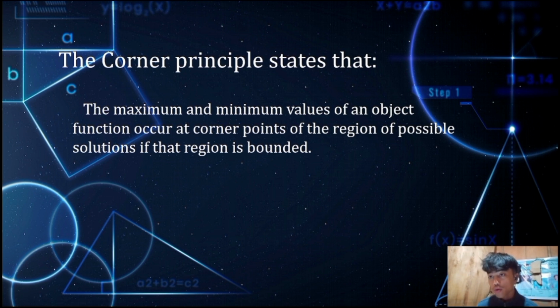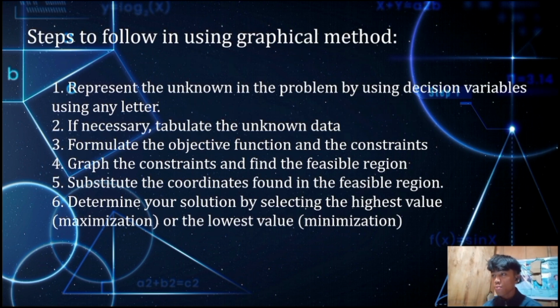The corner principle states that the maximum and minimum value of an objective function occur at corner points of the region of possible solutions if that region is bounded. These are the steps to follow in using the graphical method. Number one, represent the unknowns in the problem using decision variables, using any letter.